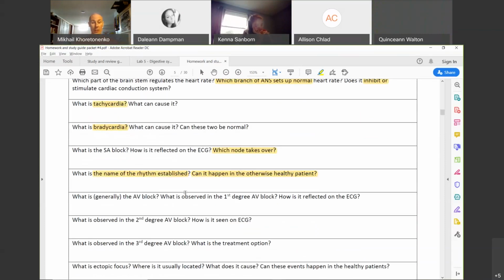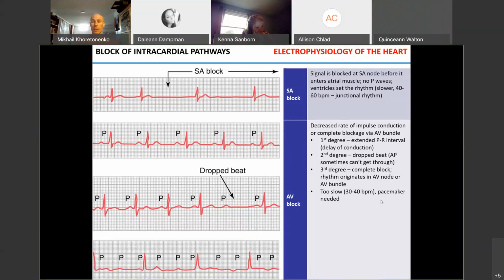AV block is a dysfunctional AV node. So first degree is just a slowdown of transmission through the AV node, a delay of conduction. So the PR interval is increased compared to normal. In second degree, dropped beats. Sometimes you just don't have the QRS complex and T wave. And in the third degree, complete block. So you have a rhythm originating in the AV node or worse.